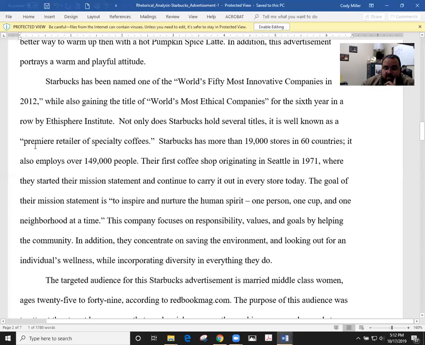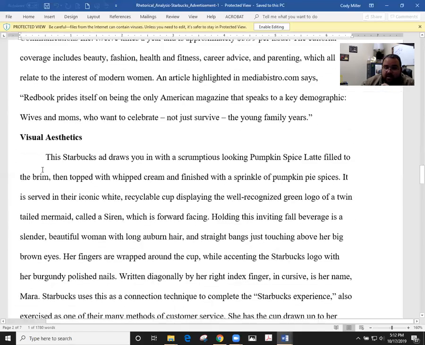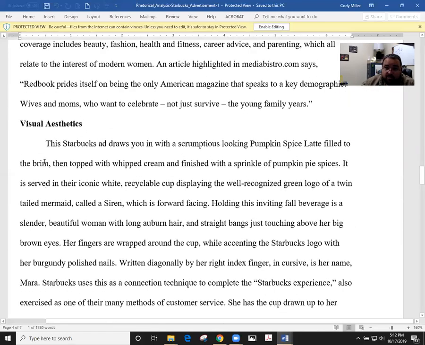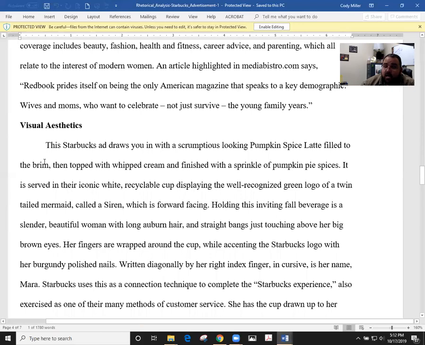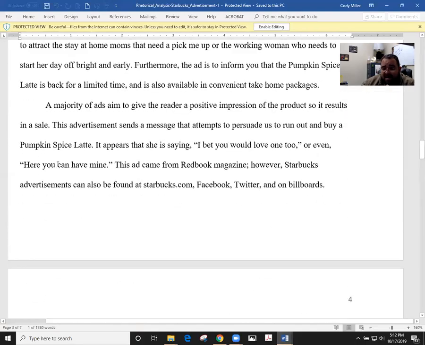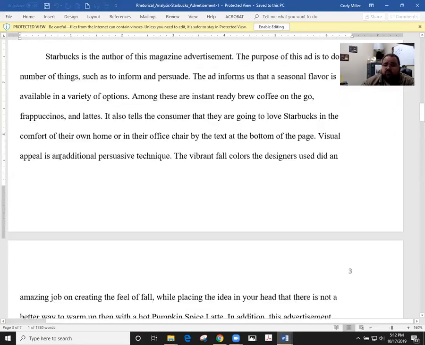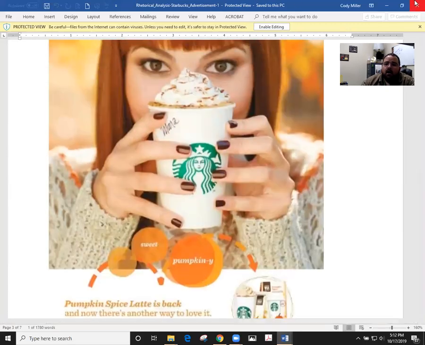And each one of these is labeled, okay? Now, one thing to remember about this paper in particular is that the headings are not correctly labeled. They're correctly formatted, but not correctly labeled. You're using those directly from the prompt. Have that prompt out next to you as you write this paper, okay?